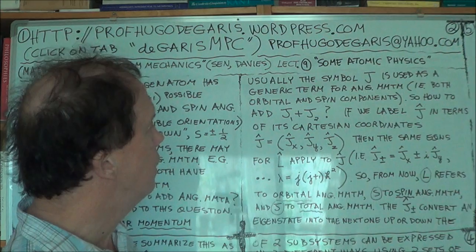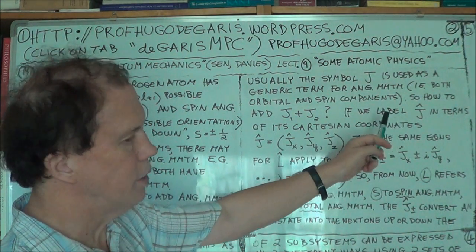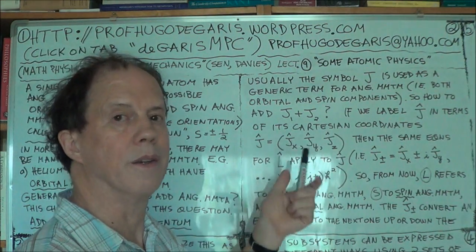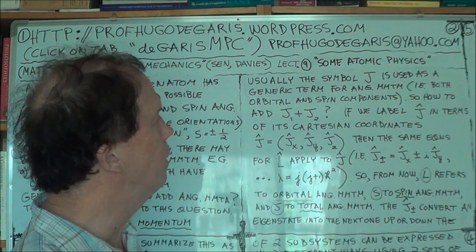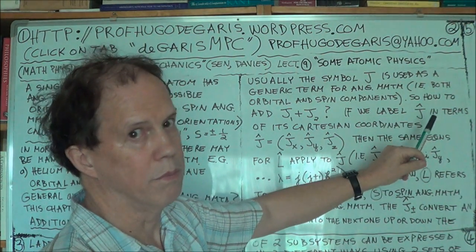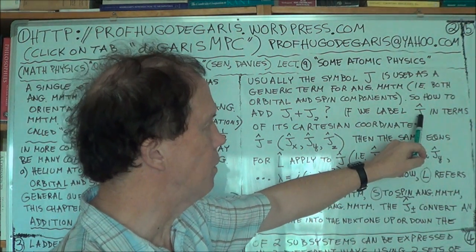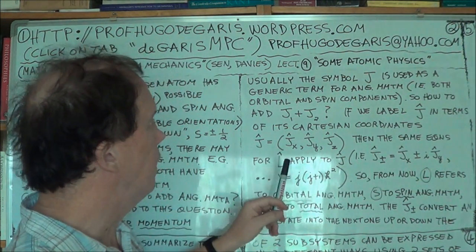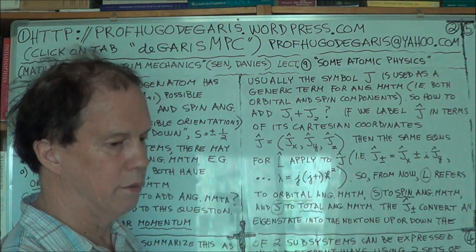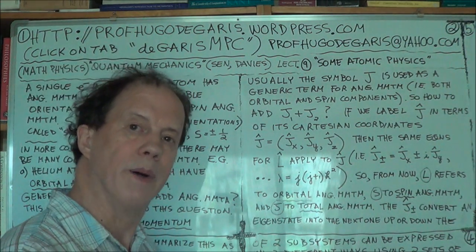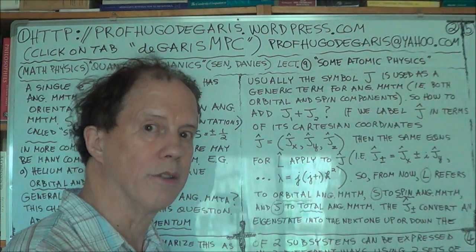Alright, so as we did with L and S, via the correspondence principle, we assume that when you make J, this total angular momentum, an operator, you put a hat over it. We assume we can do that, inspired and motivated by what's appropriate in classical mechanics.